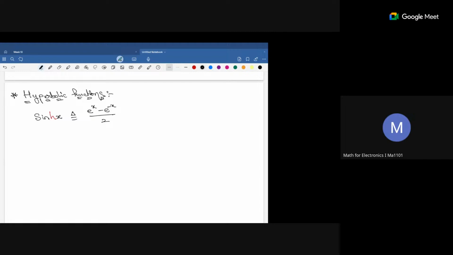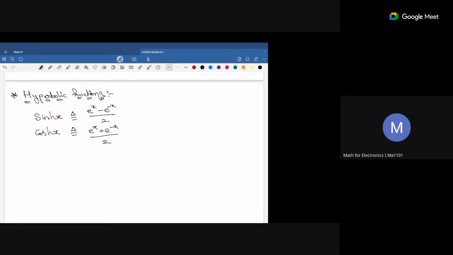That's the definition of sine hyperbolic of x. Similarly, cos hyperbolic will be denoted like this and defined as e power x plus e power minus x by 2.